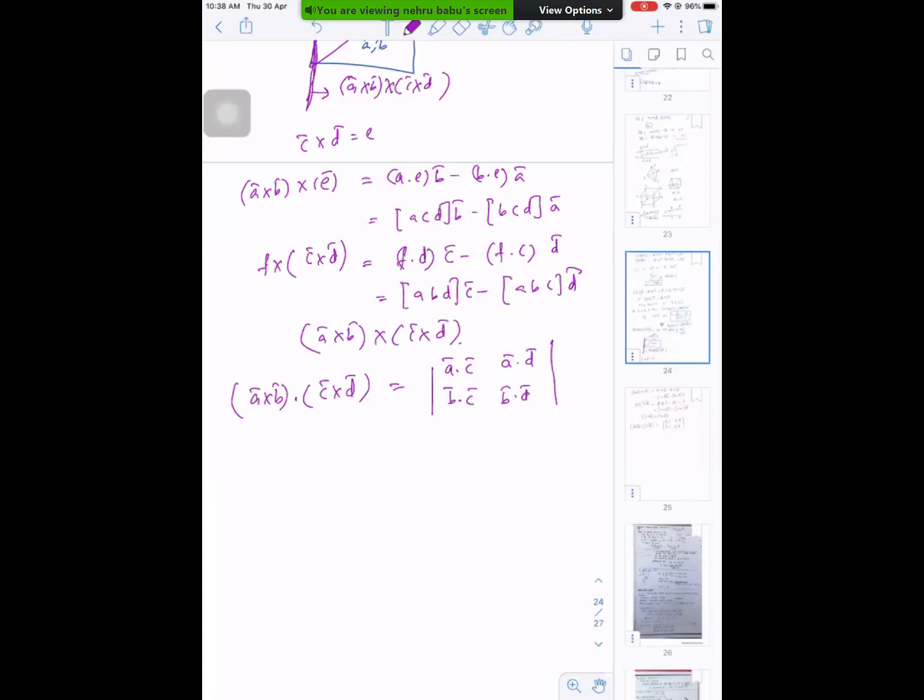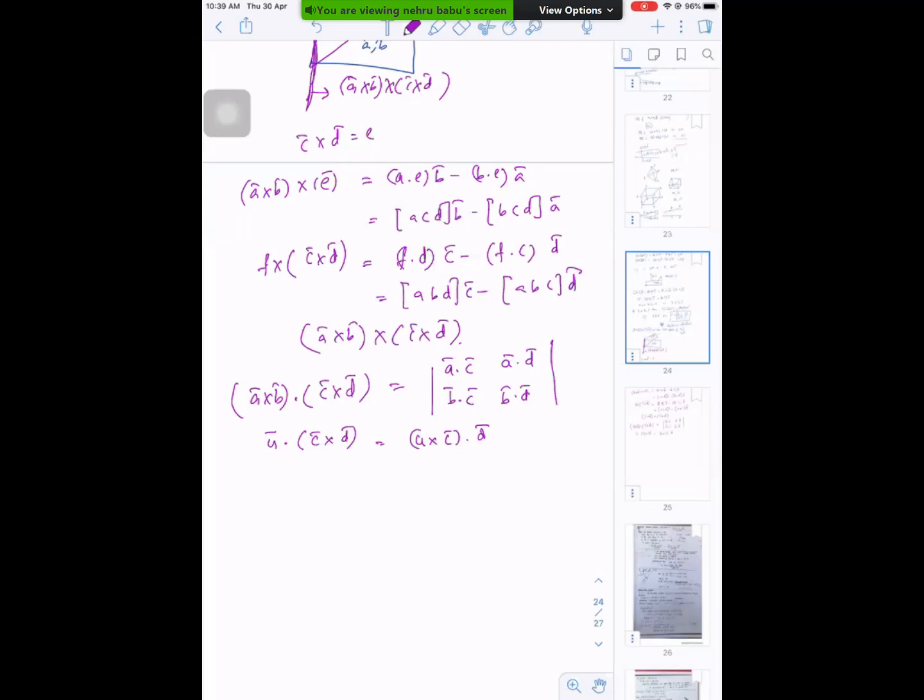So we should take A bar cross B bar as U bar. If you assume A cross B is U, then the problem becomes U bar dot C cross D. Then we apply the box, UCD, which is exactly the same as U cross C dot D, by the scalar triple product definition.